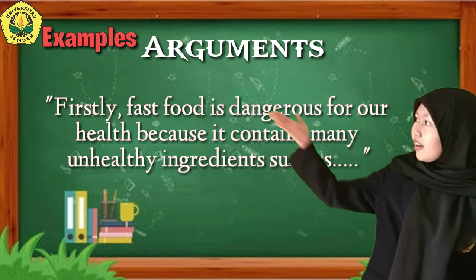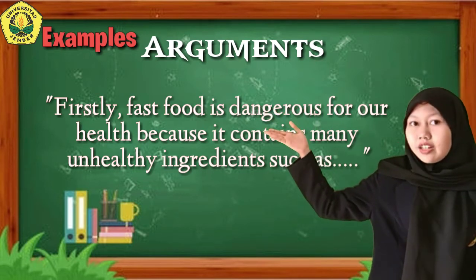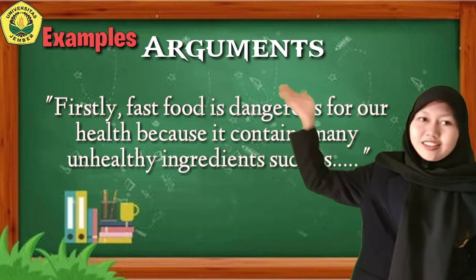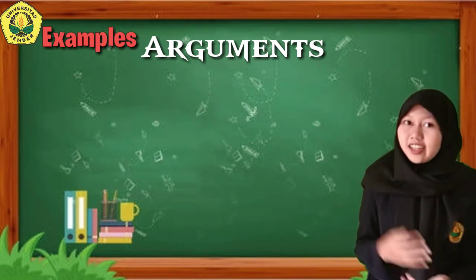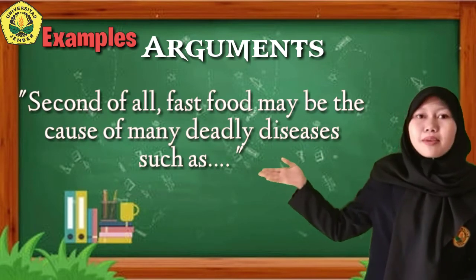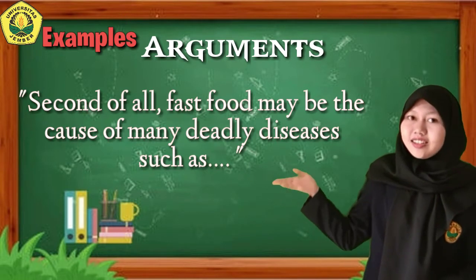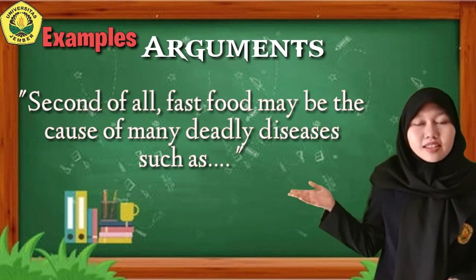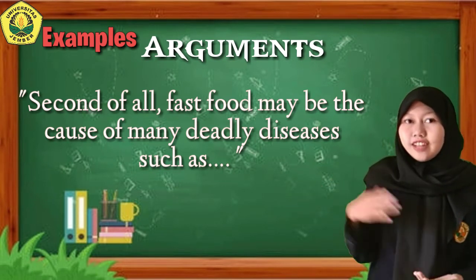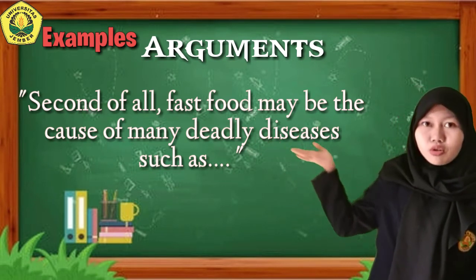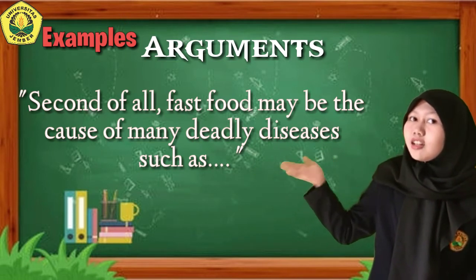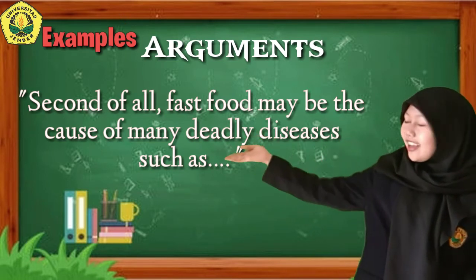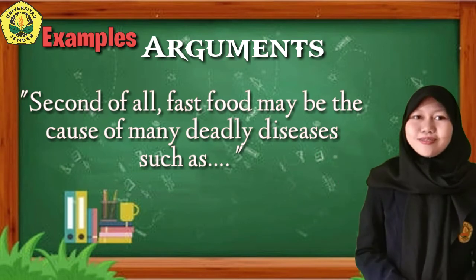You may provide further sources or further evidence statements to support that statement. Second of all, fast food may be the cause of many deadly diseases such as heart conditions, more like cardiac arrest, obesity, and also diabetes. You may provide more sources, more evidence, and more statements to support that statement that I just said.